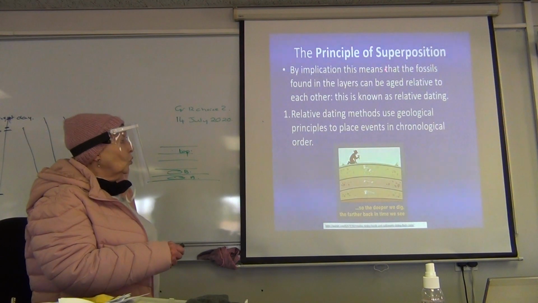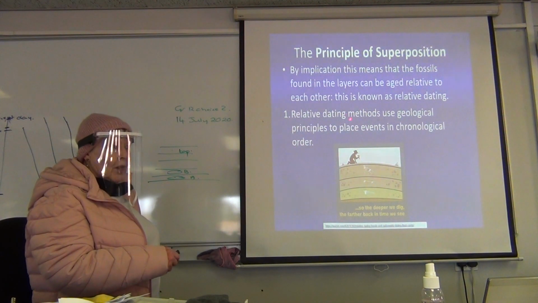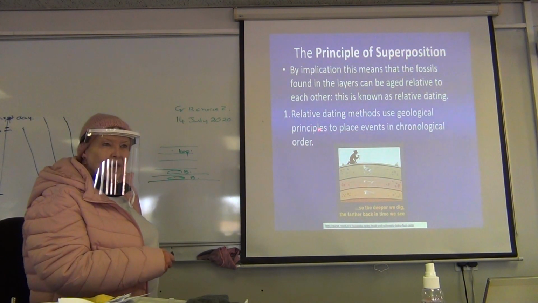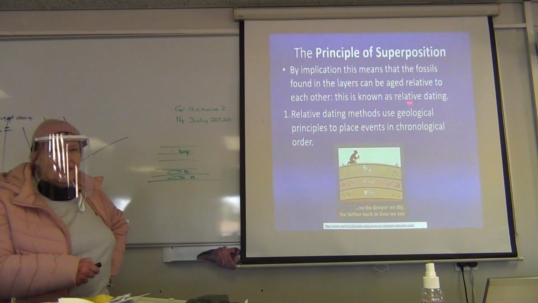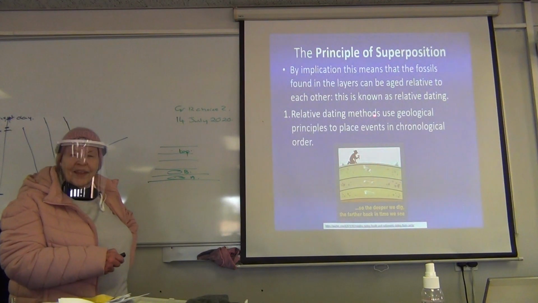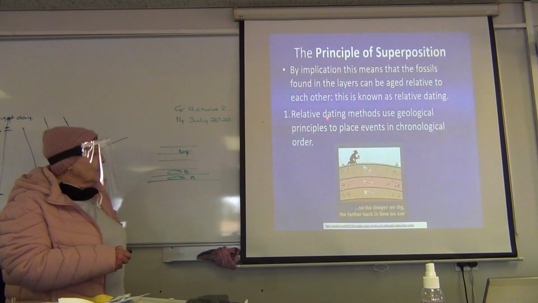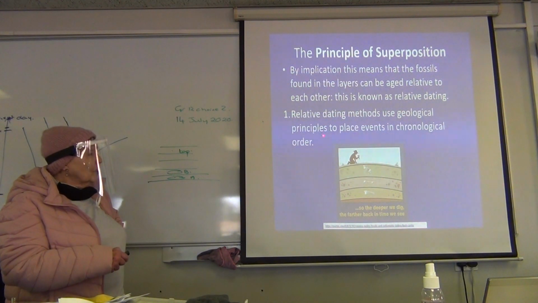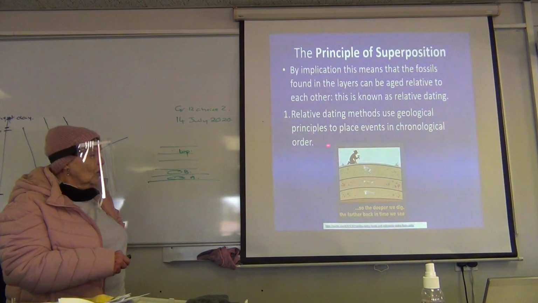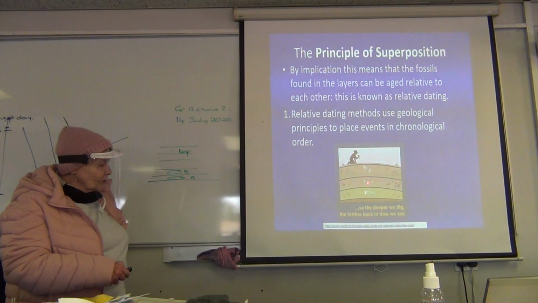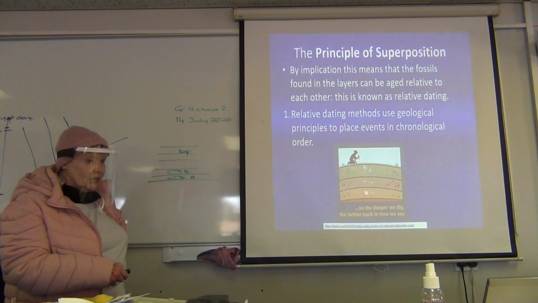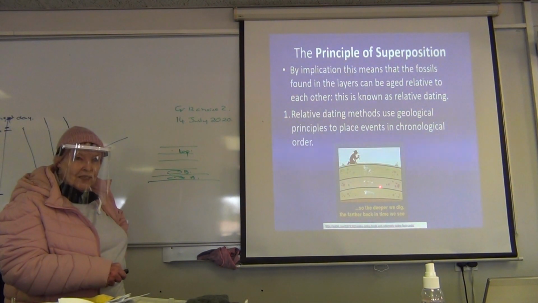And this is what is called relative dating. Relative dating doesn't mean you take your cousin out to dinner. Okay? Relative dating means using geological principles to place events in chronological order, and that means that this fossil is not as old as that, and that is not as old as that one. That is relative dating.